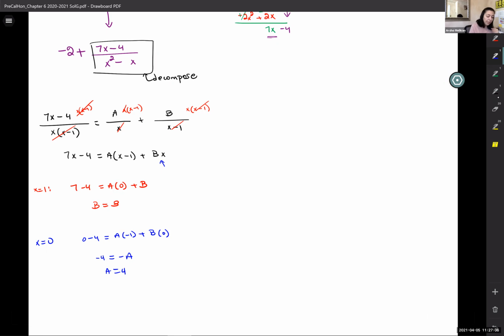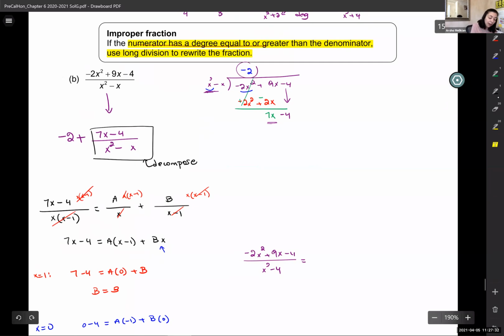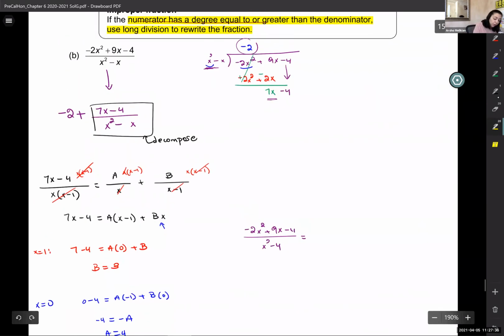Okay, that means I can now rewrite my original fraction. What was the original fraction? It was negative 2x squared plus 9x minus 4 over x squared minus x. And now I'm saying this is equivalent to what I have found. Now, here is where you need to be super alert, because in the case of an improper fraction, remember how all this that I've done only represents the part in the black square.